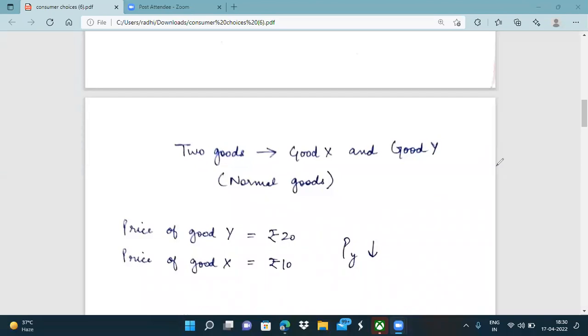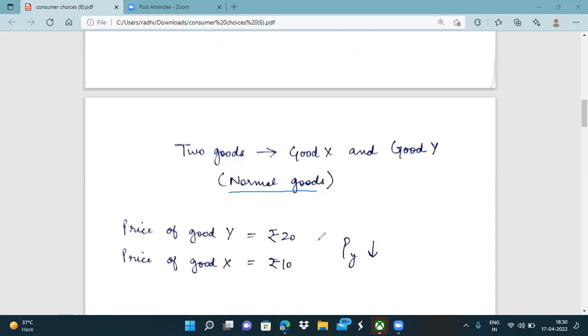Now let us take a look at how consumer choices change when there is a change in price level. For that, let us take an example where we have two goods, say good X and good Y, and both of them are normal goods. We have made this assumption that both good X and good Y are normal goods. Now let the price of good Y be 20 rupees.